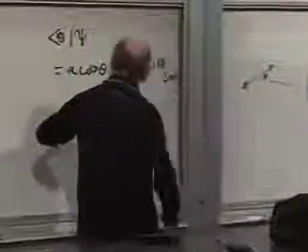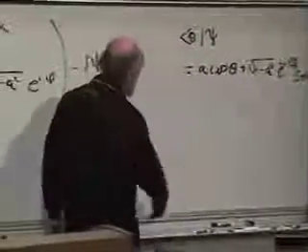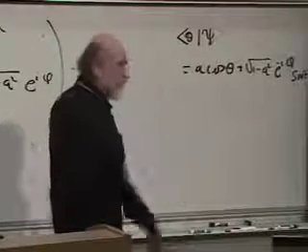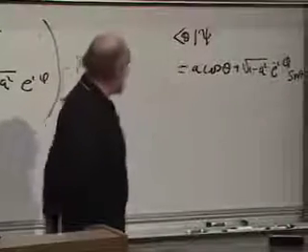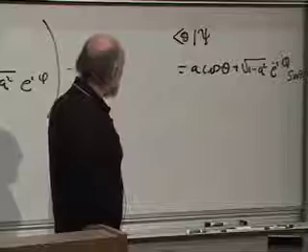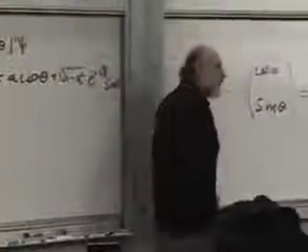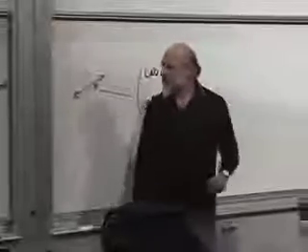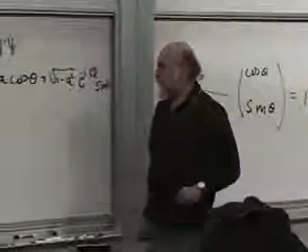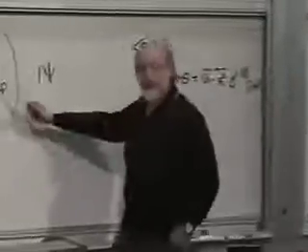So what we would do is multiply this by its complex conjugate. That's too hard for me. I don't feel like doing that. Homework assignment: multiply this by its complex conjugate. Think of phi as fixed.